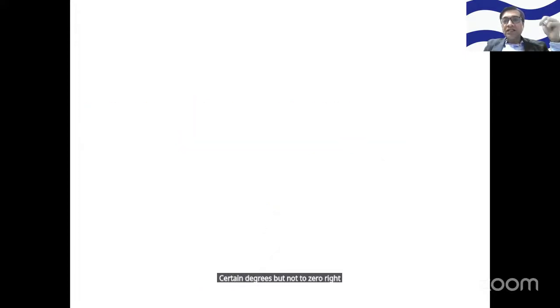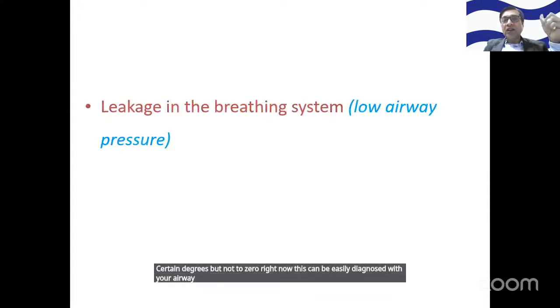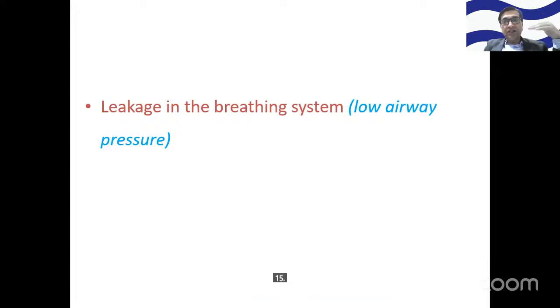Now, this can be easily diagnosed with your airway pressure. So suppose you are ventilating this patient and the airway pressure was 18 and suddenly this airway pressure becomes 15 with a sudden drop and remains at that level.